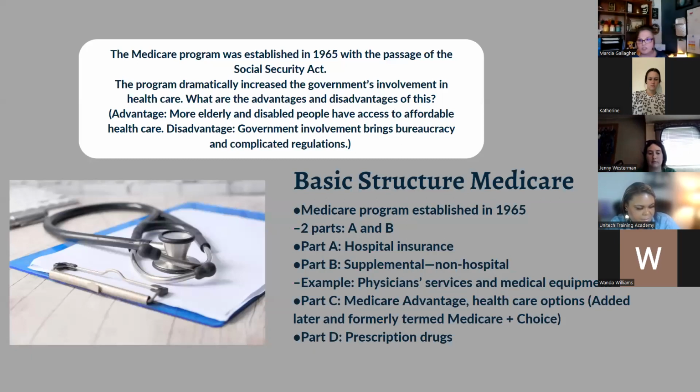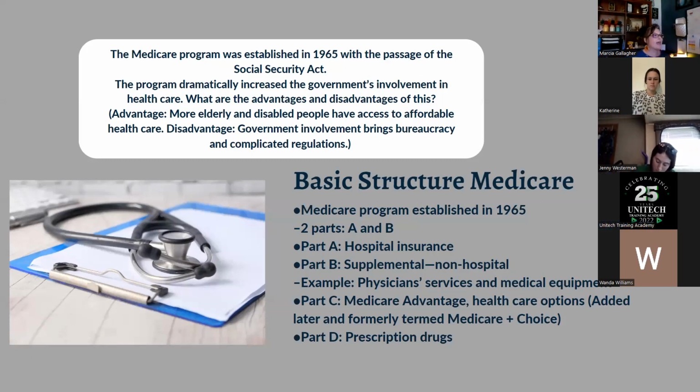Now we're going to get straight into Medicare. If you have a pen and paper, you need to write this down because it's going to be on your NCCT and it will definitely be on your first exam. The Medicare program was established in 1965.